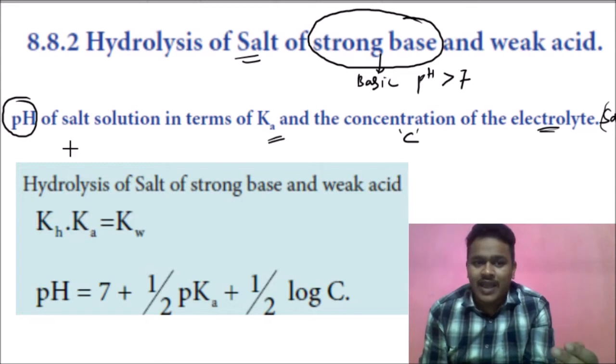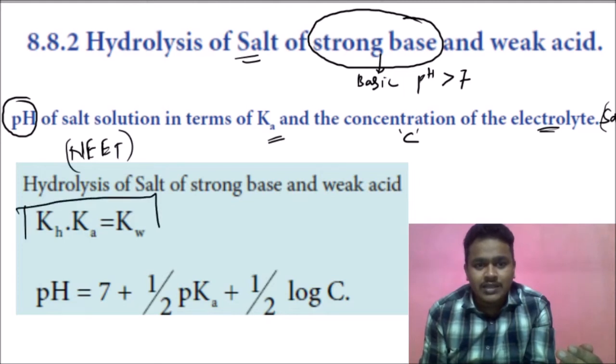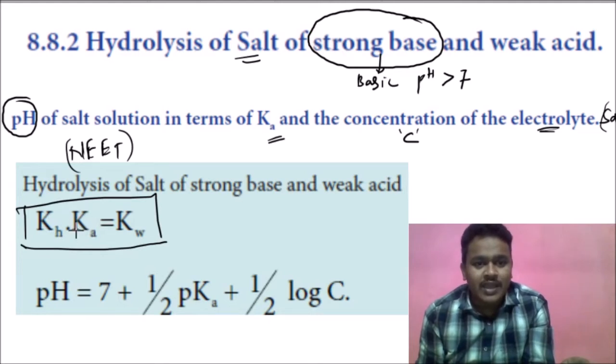Finally, for competitive examinations like NEET, this should be in the mind. What is that? Kw, the ionic product, is equal to Kh, the hydrolysis constant, into Ka, the dissociation constant. These two are common.